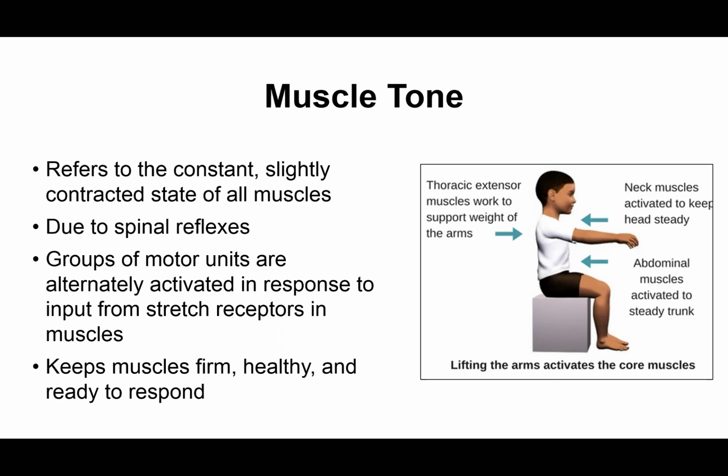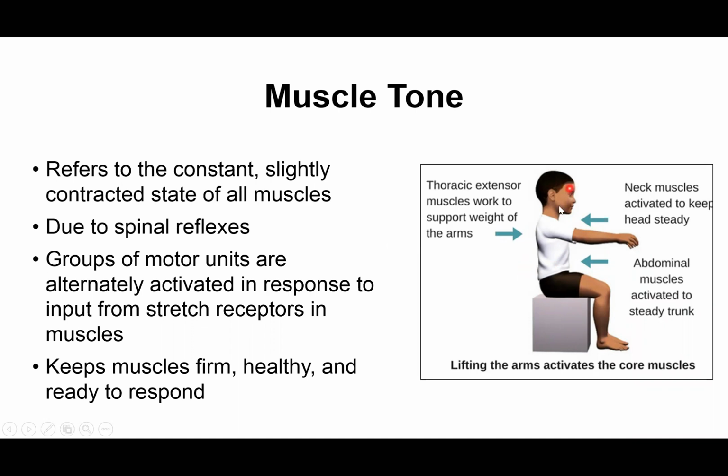So, for example, the lifting of the arms will activate the core muscles so that we're able to stay in this seated position. As we lift our arms, our abdominal muscles are activated to help steady our trunk, and we have back muscles that work to support the weight of the arms.